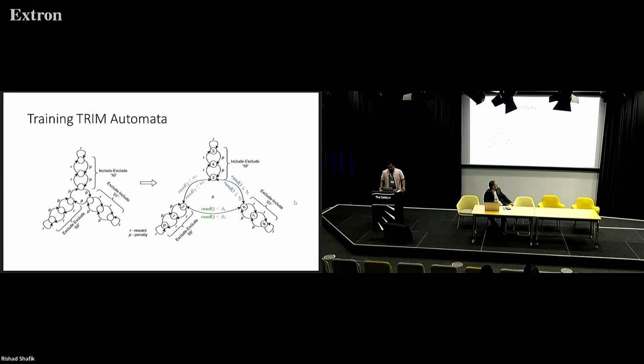The challenge was when we designed the training algorithm for this kind of automata by drawing analogy from the vanilla Tsetlin machine, we encountered certain issues. For example, when we transition from one particular decision to an include-exclude decision, there is a fixed path of penalty. So it will go to include-exclude, and then upon receiving another penalty, it will go to exclude-include.